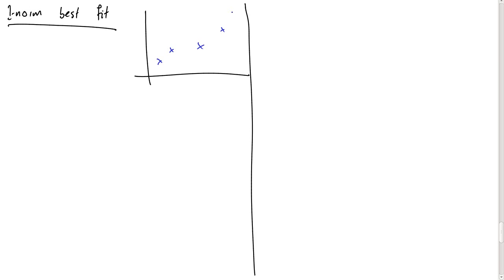We're fitting a model to that, and this time we want to minimize the sum of the absolute values of the residuals. If you think about it, least squares is minimizing the sum of the squares of each of these components.